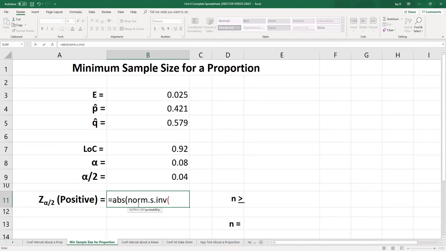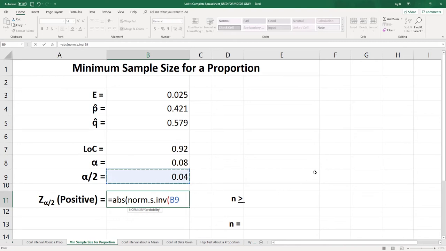Excel is pretty good. If you see it has colors, when I close my first parenthesis, it's going to be for the norm.s.inv function, and you'll see that one will be red. And then when I close the second one, it will be a black one just like that. So norm.s.inv of my alpha over 2 value.